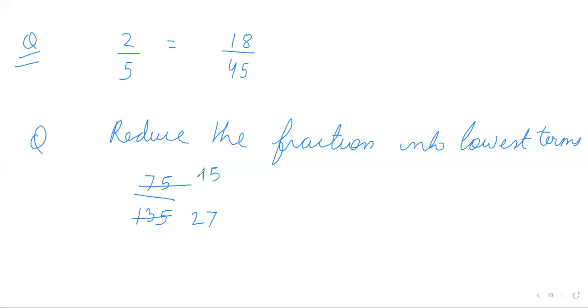So I will be dividing it by 3. So 3 fives are 15 and 3 nines are 27. So can I reduce it further? No, ma'am. I cannot reduce it further. So this is my final answer. Okay, ma'am.